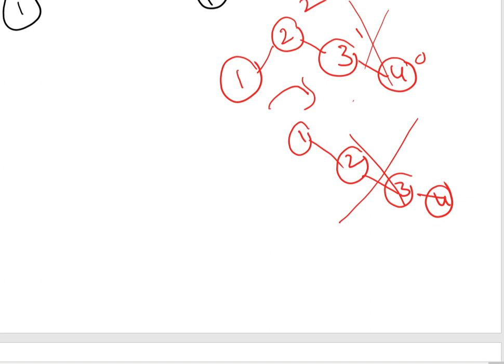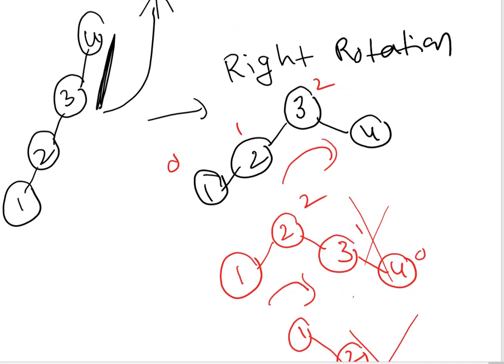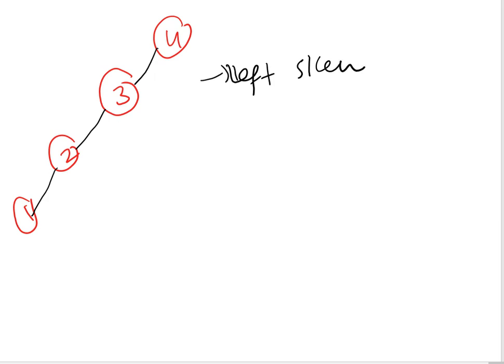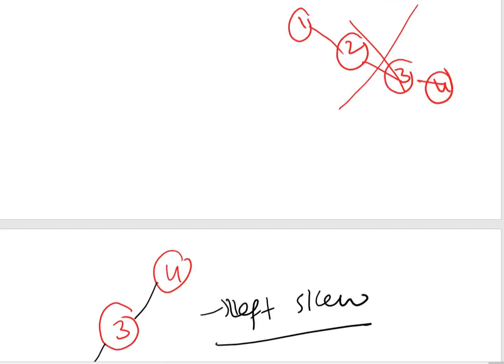So with right rotation we will not get a solution, because the height will be more. If we do left, 4, 3, 2, 1, this is the problem, right? Now let me do left rotation. As it is left, it is already on the left side, so we can't do it.